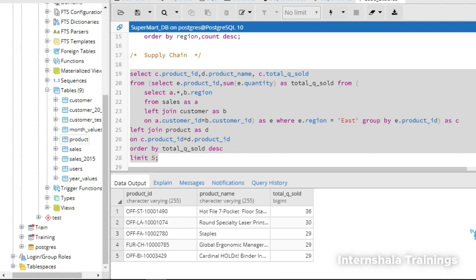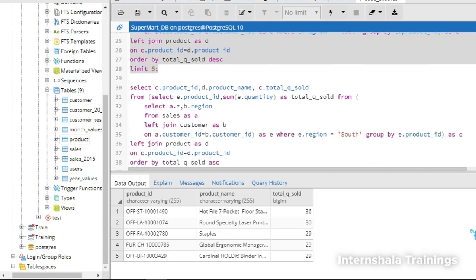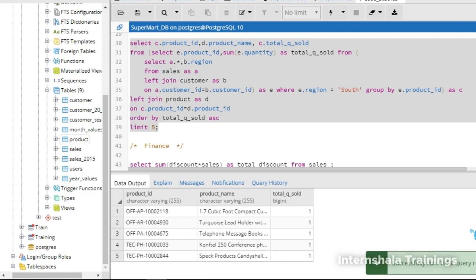The operations manager should be ordering these 5 products since these are high selling products in the East region. Now let us run the second query to find out the least selling products of South. We can see that these are the 5 products with minimum sales. The operations manager can recall these products to make some space in the South warehouse.